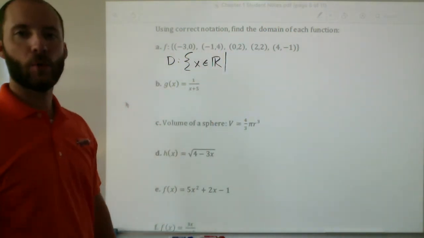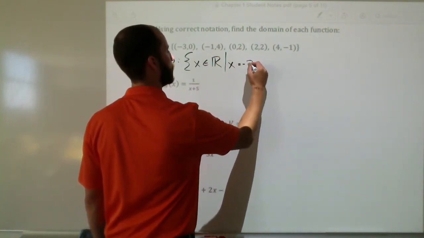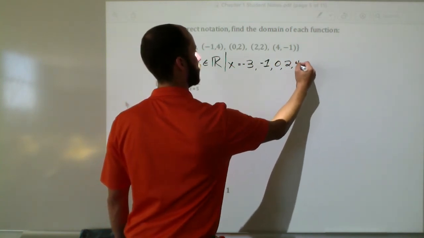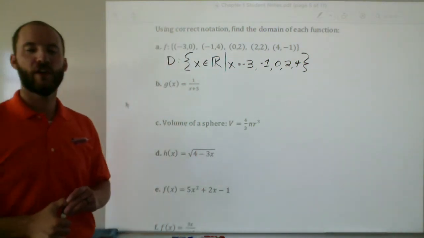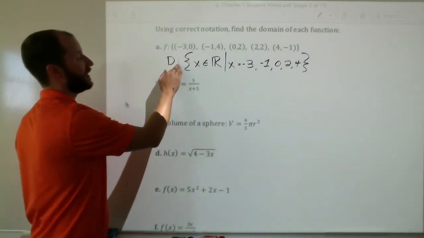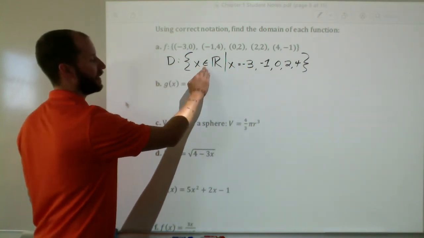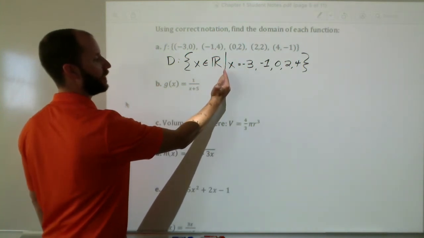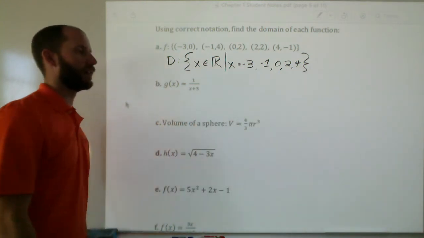This vertical line, with the exception. So it's not all real numbers. It's just the numbers we have listed here. Okay, that is function notation. The domain is the set, where x is an element of the real number system, with the exception that x only equals those values: -3, -1, 0, 2, 4.